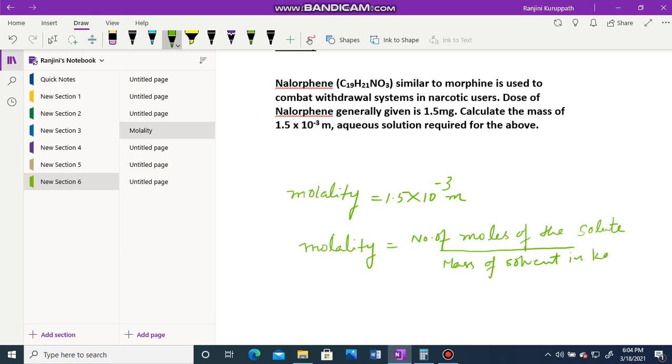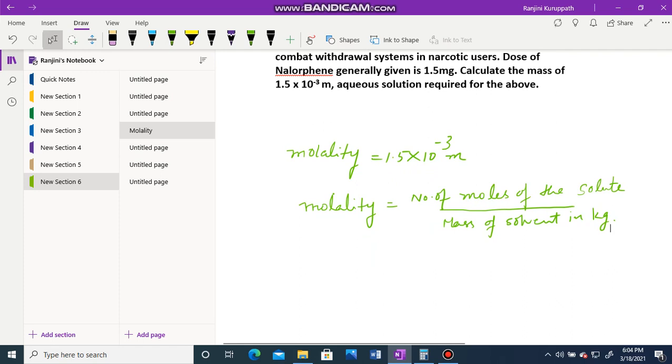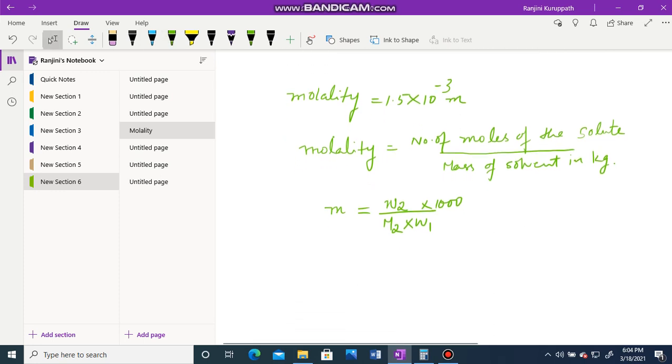Even if you write this equation itself, you will get half a mark. Or otherwise, many of you study this equation by heart: molality is equal to W2 by M2 into W1, and in the numerator 1000. If you write this equation, that is enough.